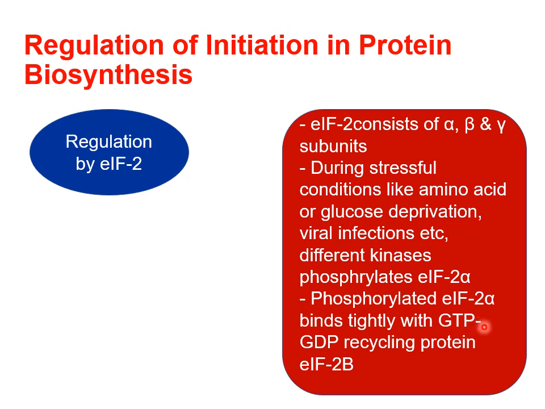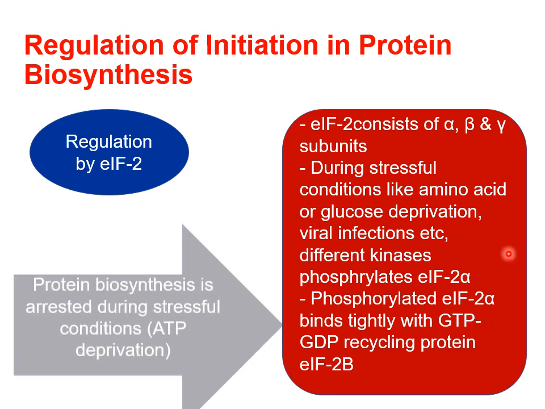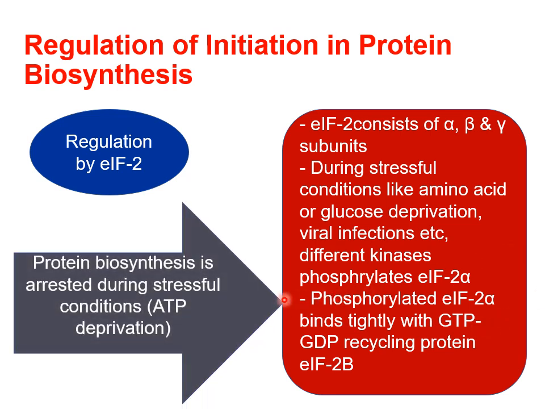Once there is no regeneration of this binary complex, the next cycle of protein biosynthesis gets affected and hence protein biosynthesis is inhibited. So overall, protein biosynthesis is arrested during the stressful condition, that is whenever there is a decrease in the ATP levels, which can occur due to a number of reasons as I already explained.